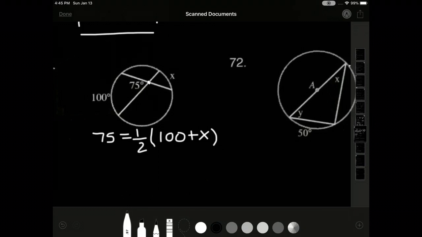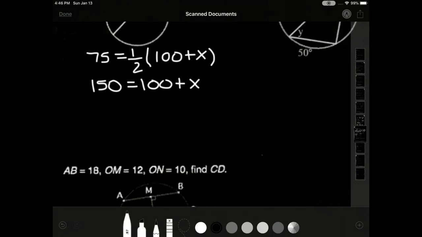And when you multiply by 2, we get 150 equals 100 plus x. And then we can subtract 100, so we get 50 equals x.